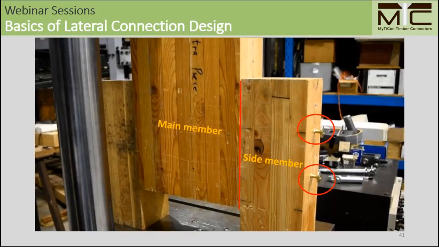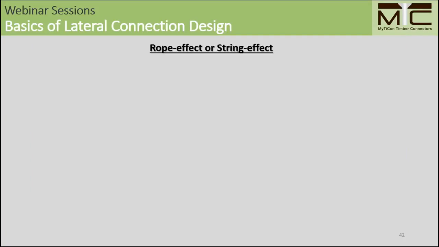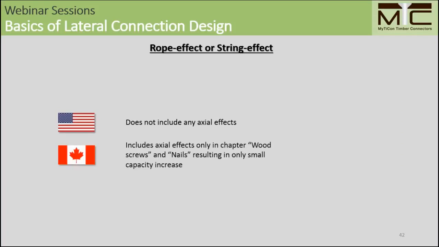Okay, perfect. Yeah, well, this rope effect, or string effect as it's called in the CSA O86, is unfortunately not included in the yield limit equations in accordance with the NDS. And CSA O86 included this rope effect in 2009 in the chapters wood screws and nails, but only resulting in relatively small capacity increases.